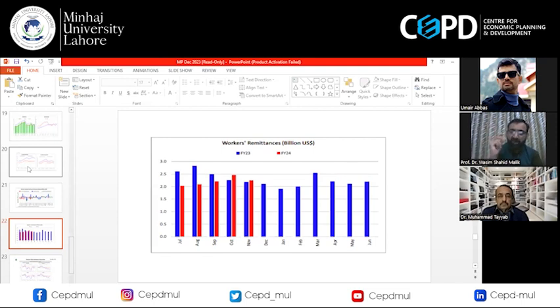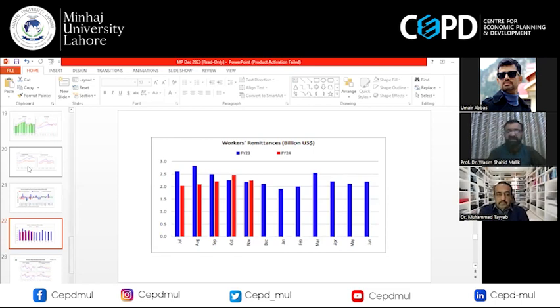But if you look at the last 2 months, October and November, in both months remittances were above the level of fiscal year 2023. Current remittances are higher than the previous year.